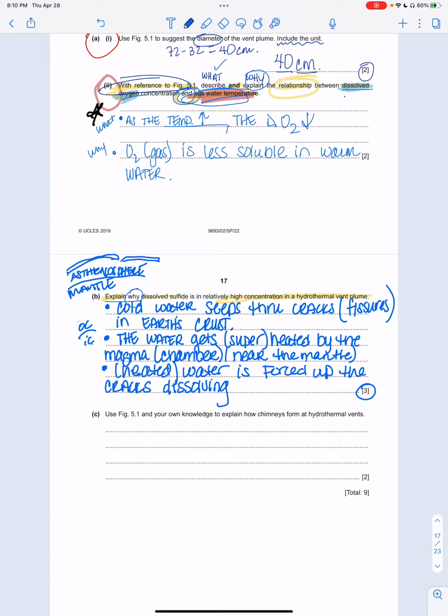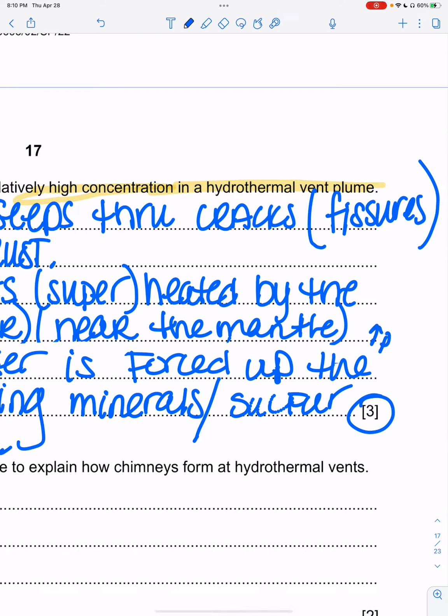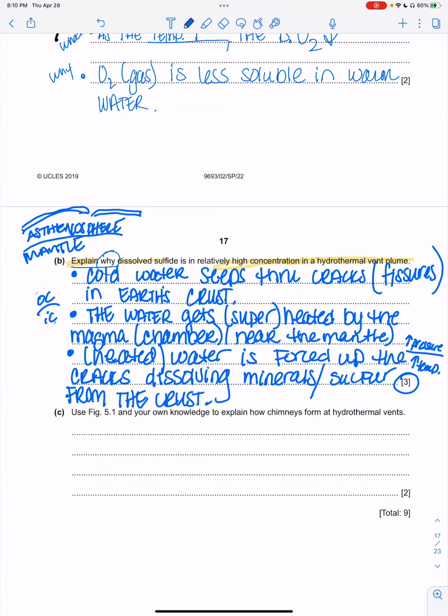Not trying to say and, dissolving minerals. It's forced up with really high pressure or really high temperature. It's so hot that it dissolves the minerals there. High pressure, high temperature.